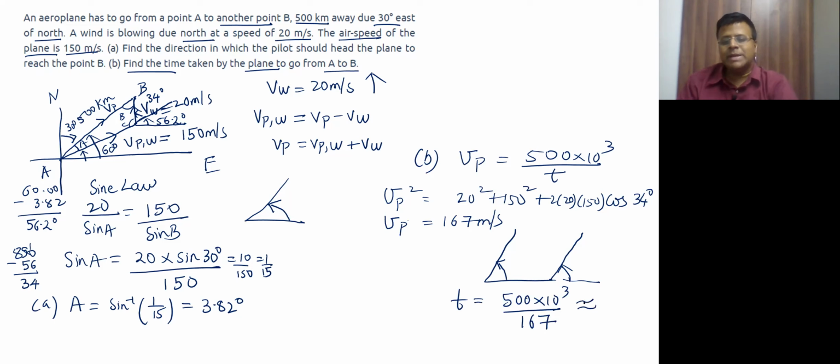Of course, this will be in seconds, which you need to convert into minutes according to the solution given in HC Verma, and you will get this answer approximately around 50 minutes. I hope that this discussion has answered your question.